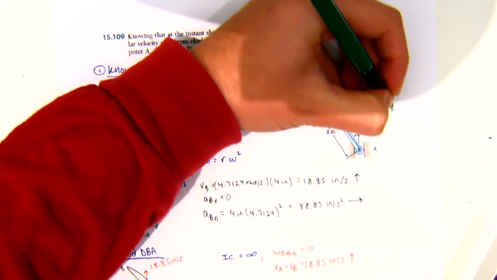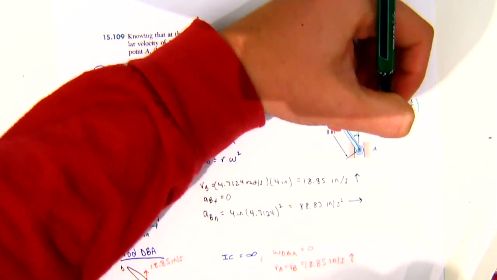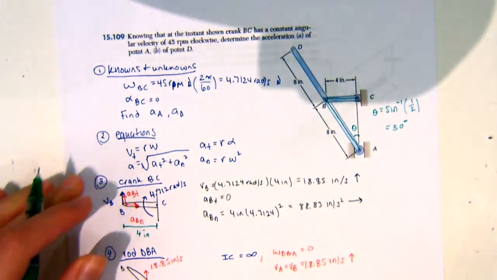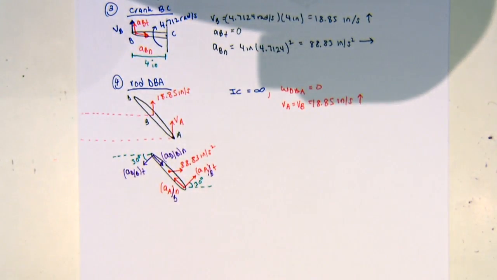Theta is equal to sine inverse of 1/2, which is 30 degrees. So writing out my relative acceleration equation. What kind of motion does it have? If I told you that something was translating and rotating, what would that be called? What kind of motion is that?